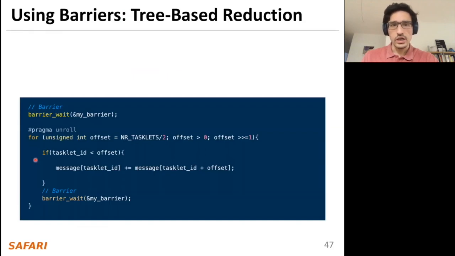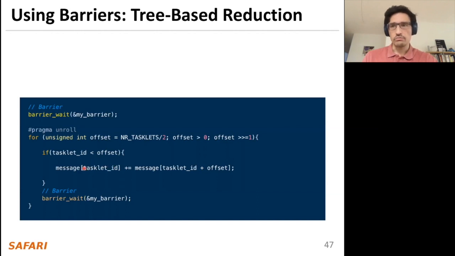What we have is coded in a slightly different way, as you have just seen in the previous slide, because in the previous slide we had even-numbered threads working, but here the threads that are going to work are the threads with an ID lower than a certain offset that is doubled every iteration.